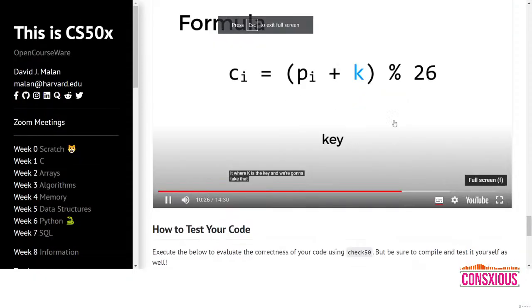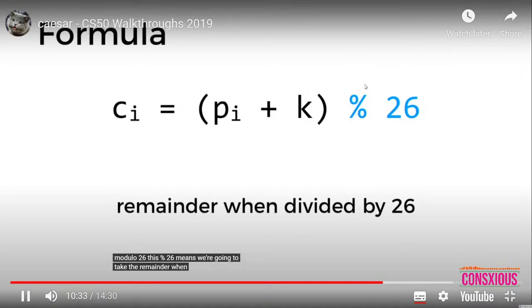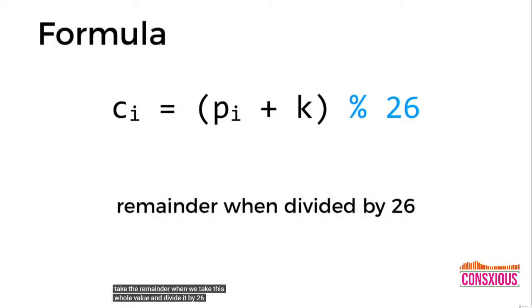And we're going to take that whole result and take it modulo 26. This %26 means we're going to take the remainder when we take this whole value and divide it by 26.